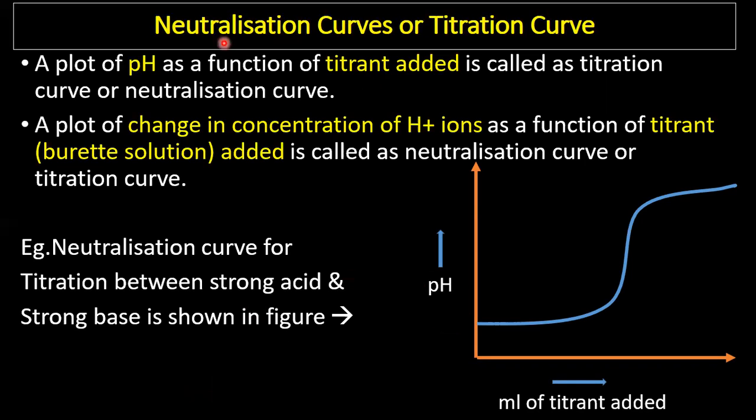This is a plot of pH as a function of ml of titrant added. This is a plot for strong acid and strong base, and this is called the neutralization curve or the titration curve.